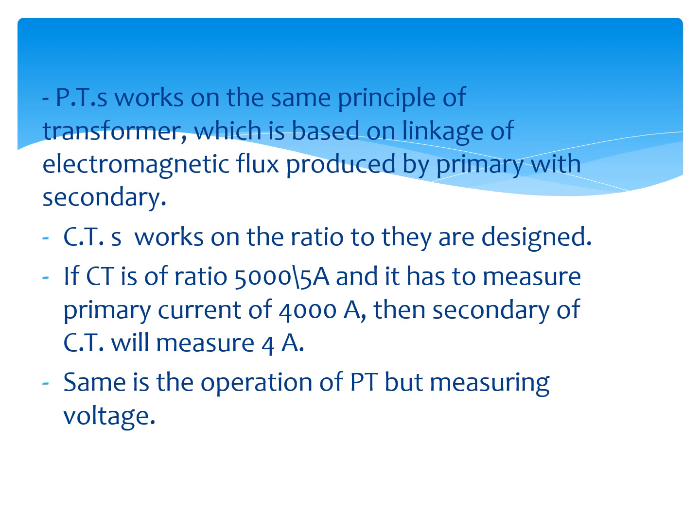Typically, CTs are required for measuring purposes where very high current is there, or for protection purposes, because your protective relays cannot handle very high currents. They can handle a maximum of up to 5 ampere. Same is the operation of PT, but the PT measures the voltage.